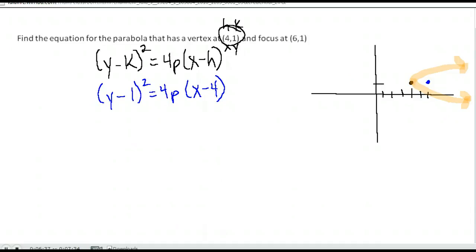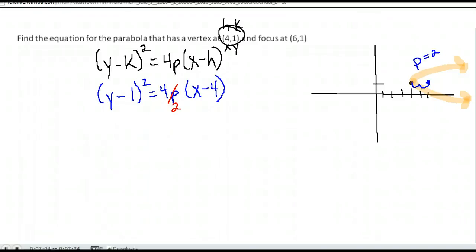Now we need to figure out what our p is, and then we'll be able to write the standard form of our equation. The p is the distance between the vertex and the focus point. Notice we have 2 units between, from 4, 1 to 6, 1, you have to go 2 to the right. So that tells me that p is 2. And I can just plug that into my formula over here. I'm just going to replace the p with a 2.